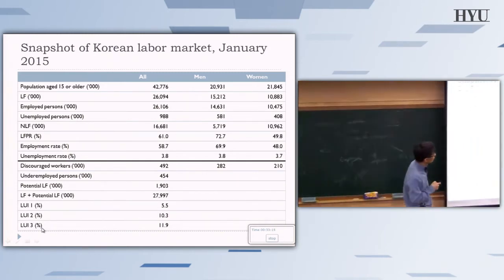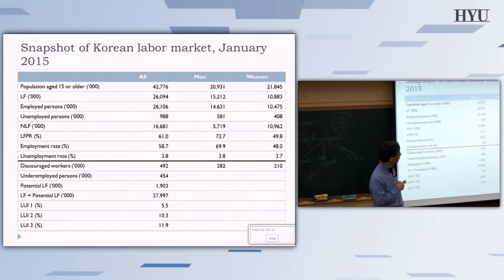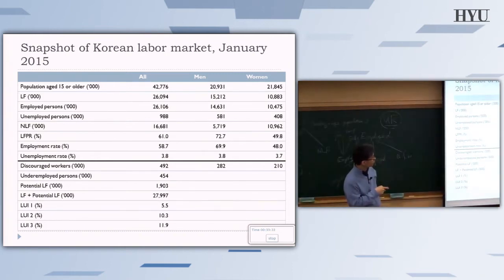The labor force is about 26 million, men 15 million, and women much smaller, about 11 million. So that's about a 4.4 million difference. Employed persons, 26 million. Unemployed persons, I think something is wrong with this number.